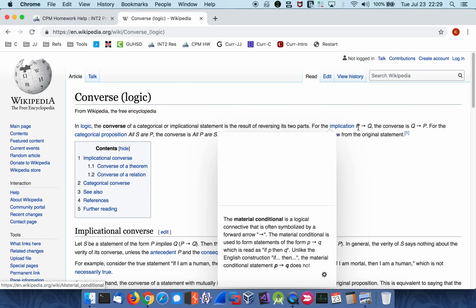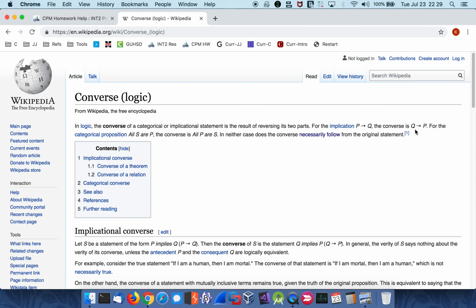It says, for the implication if P then Q, the converse is if Q then P. So what does that mean?